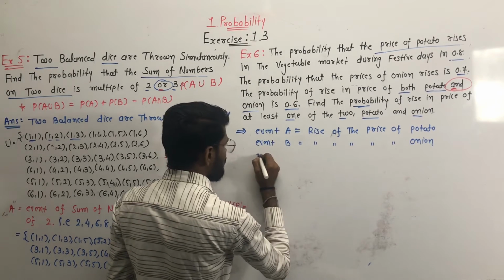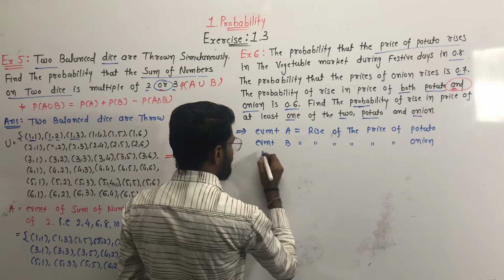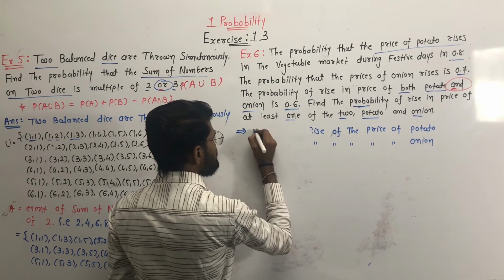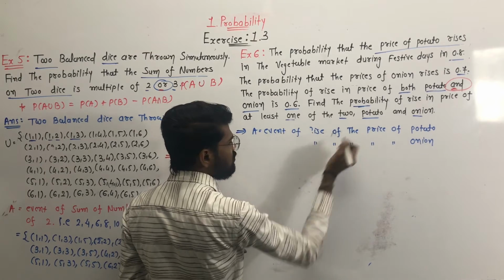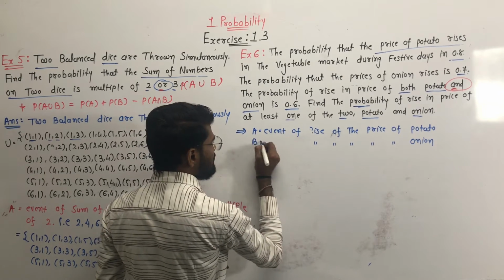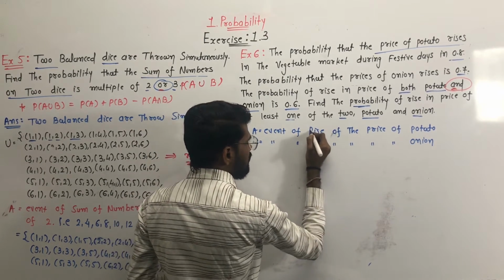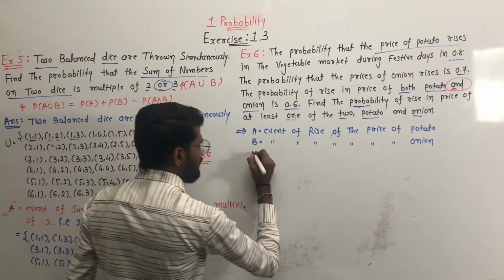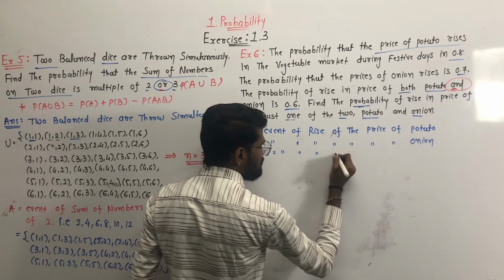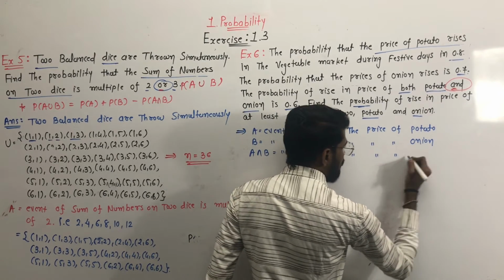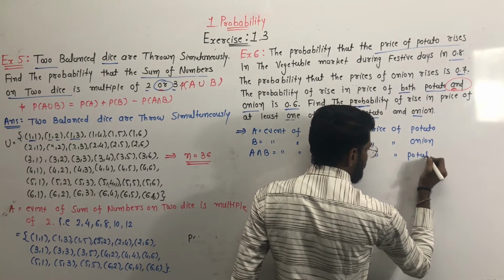So the event A is equal to event of rise of price of potato, and B is equal to event of rise of price of onion, then A intersection B is equal to event of rise of the price of potato and onion.